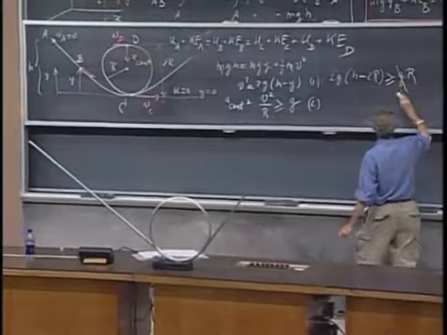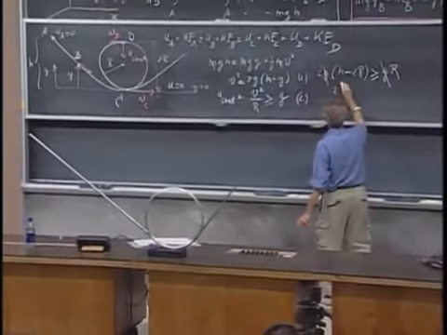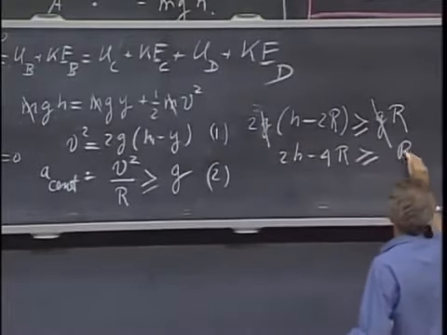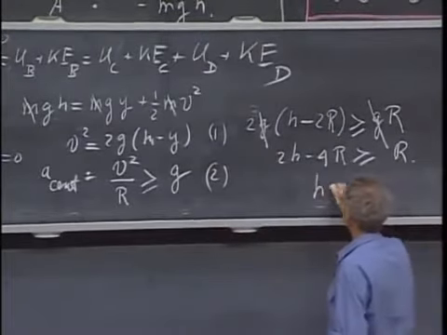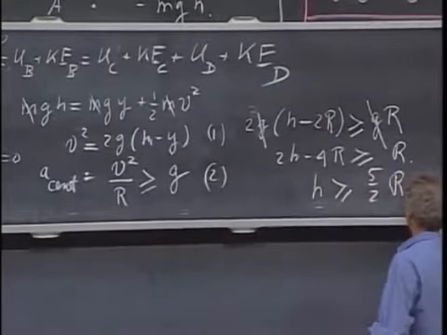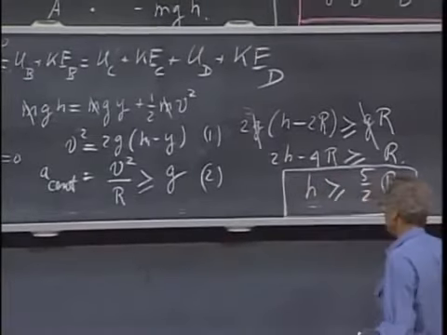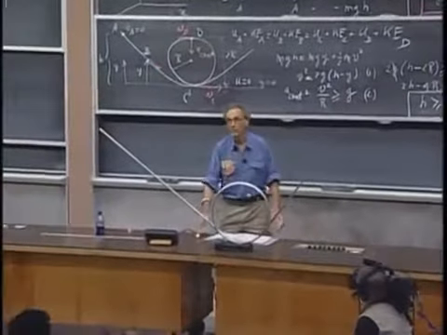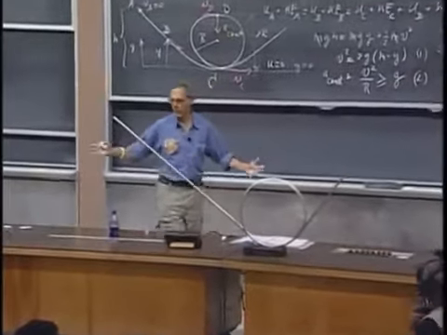I lose my g, so 2h minus 4r must be larger than or equal to r, so h must be larger than or equal to 2.5r. This is a classic result that almost every person who has taken physics will remember. It is by no means intuitive.